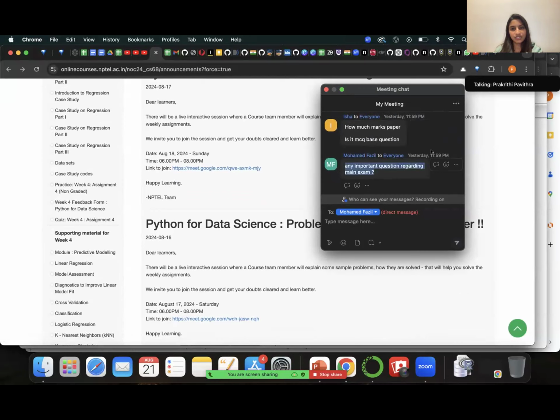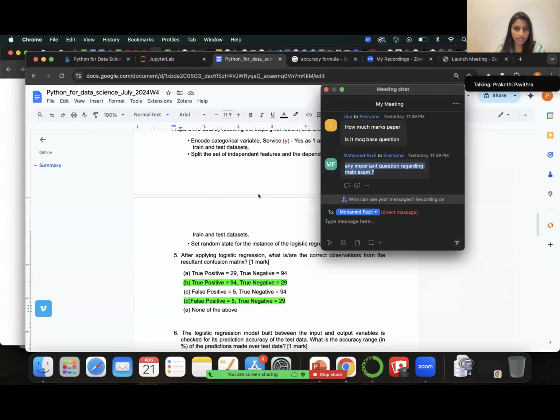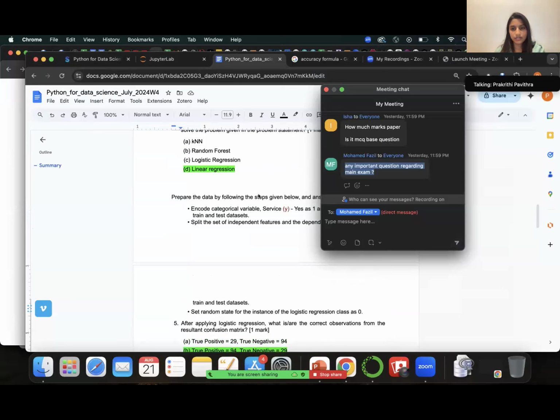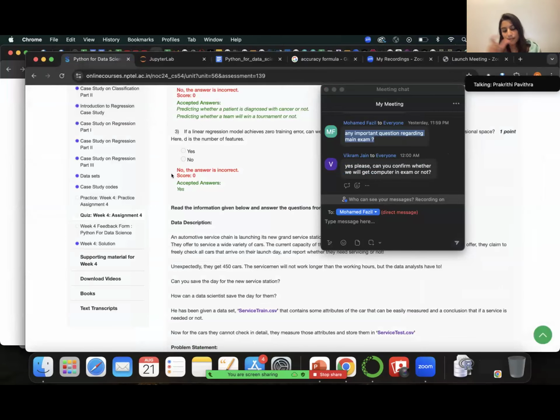I don't think there's any such thing as an important question. It's just going to be simple concepts. If you read and understand well, that should be good enough to answer. You don't need to know hardcore coding. You just need to know what the commands we have done so far do.